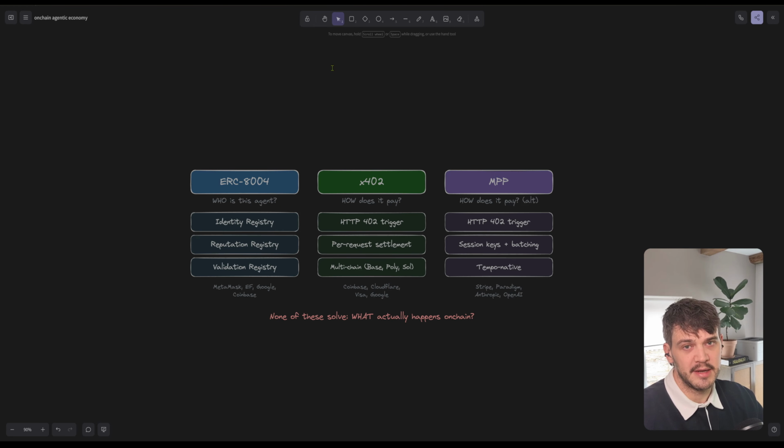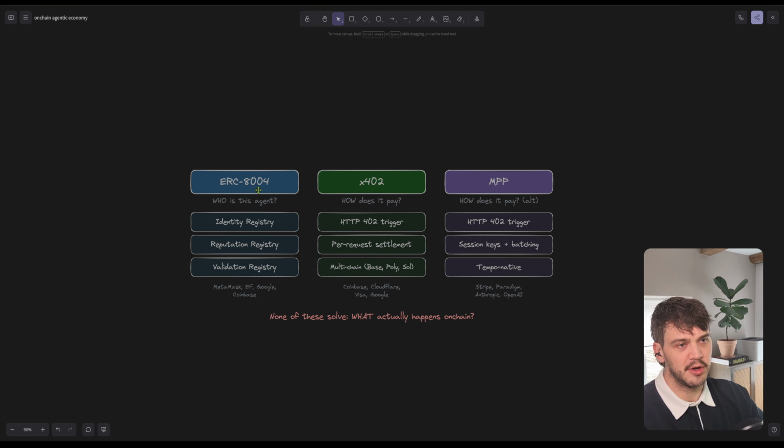In that metadata, you have things like name, endpoints, and wallet addresses. Then we have the reputation registry, where clients and other agents record ratings after interactions with said agent. And a validation registry, which answers the question: did this agent actually do what it claims?